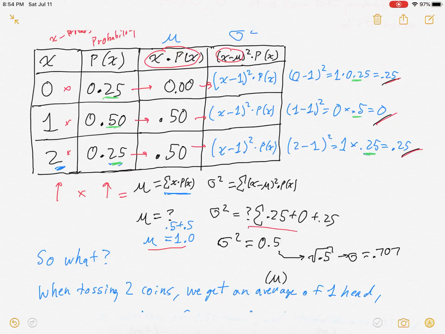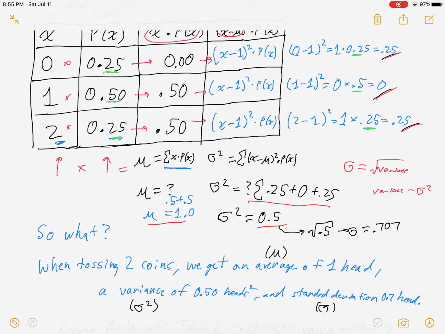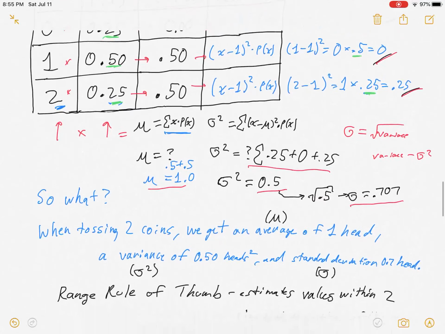If we add these together, we get 0.5. And let's say we want the standard deviation. Standard deviation is sigma, which equals the square root of variance, because variance is sigma squared. So the square root of 0.5 leaves us with 0.707.